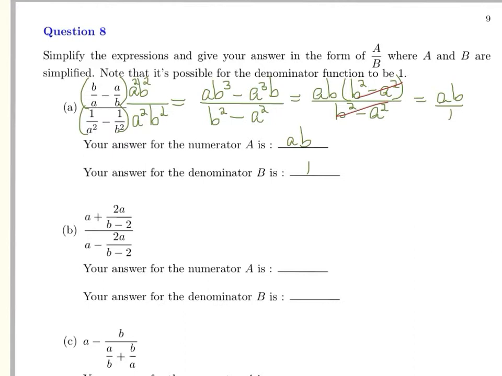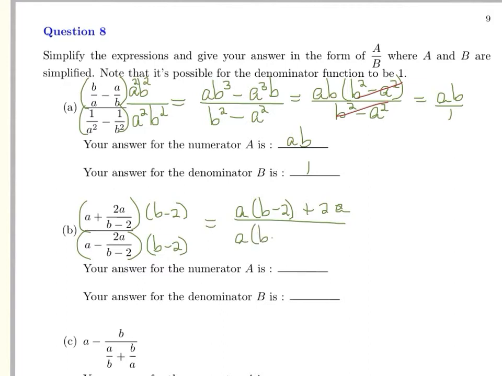For part B, I will multiply top and bottom by b minus 2. So that'll give me an a times a b minus 2 plus 2a, because the b minus 2 cancels. And in the denominator, I have an a times a b minus 2 minus 2a.